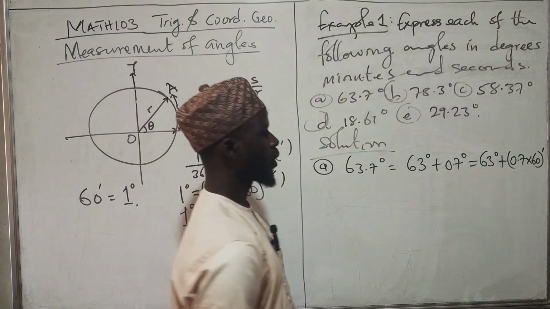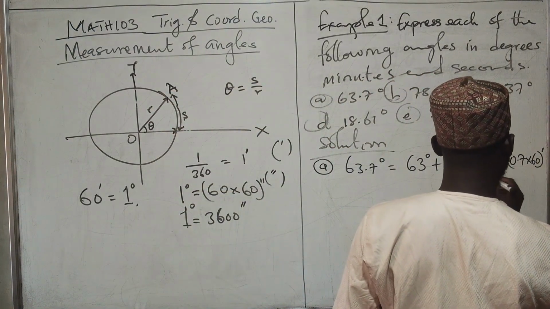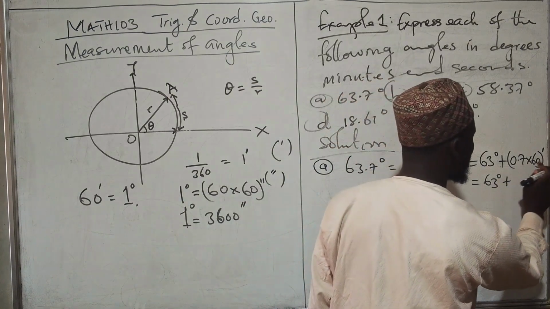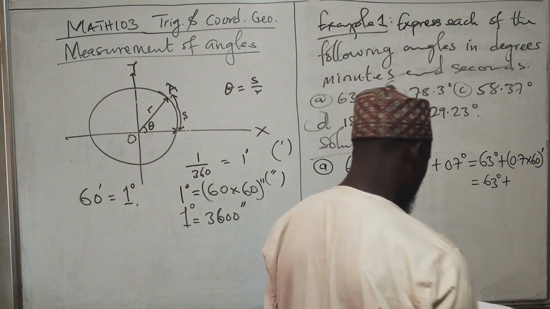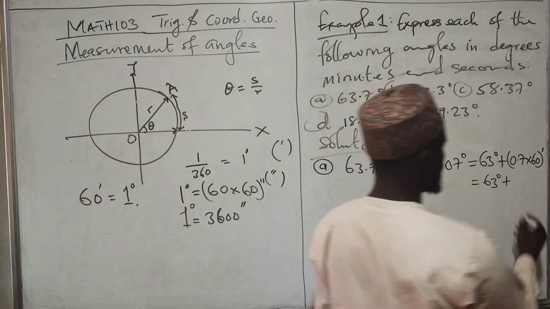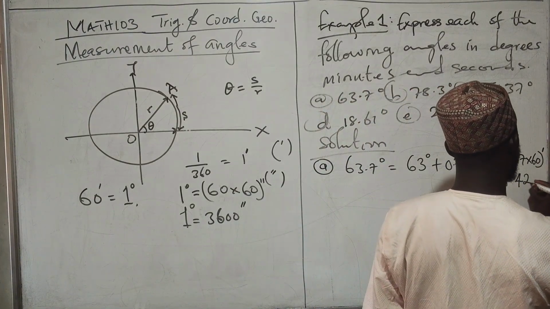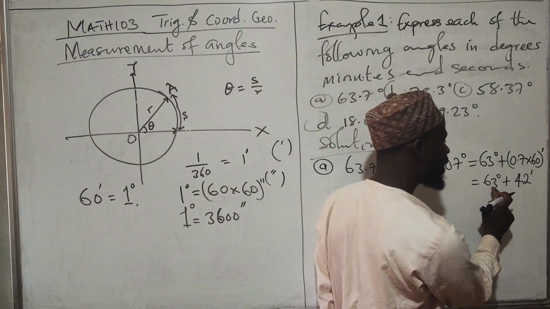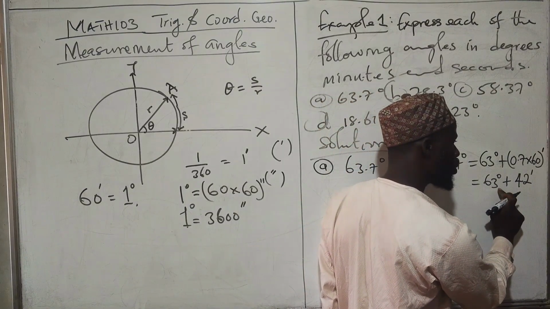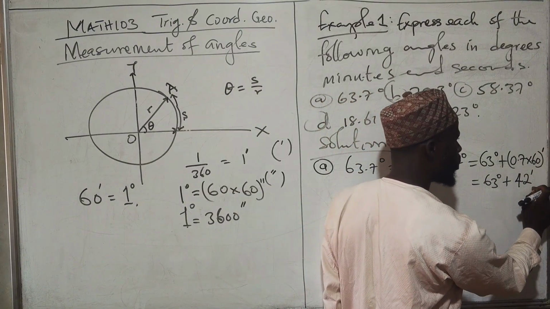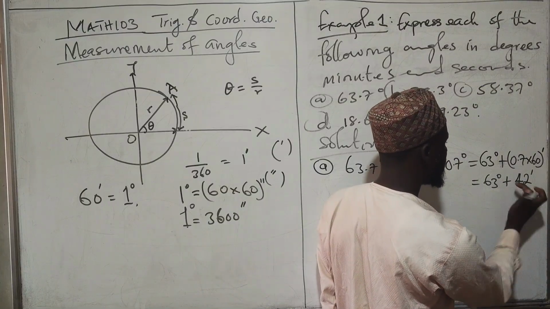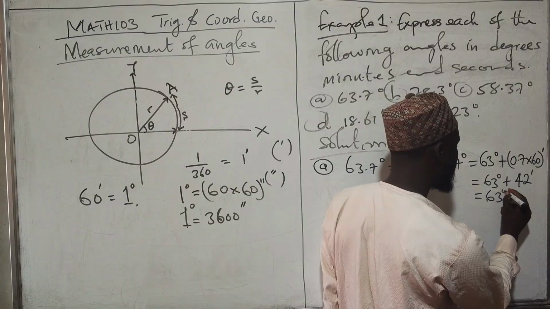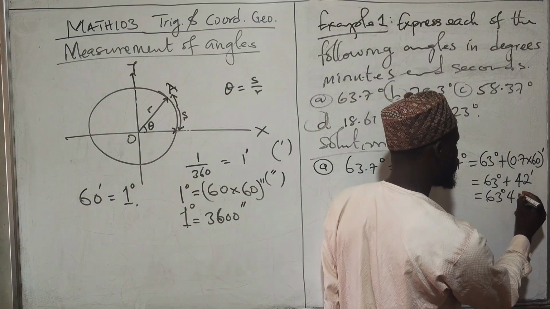And this is equal to 63 degrees plus, if you multiply 0.7 times 60, you are going to have 42 minutes. And so, because this is in degree measure, while this is in minute measure, we can write them side by side without the addition sign, and we have 63 degrees 42 minutes.